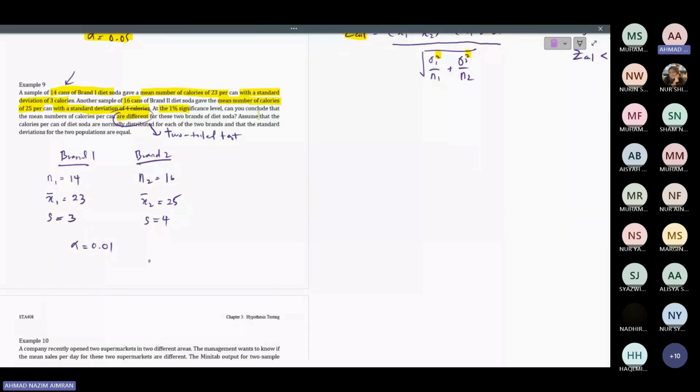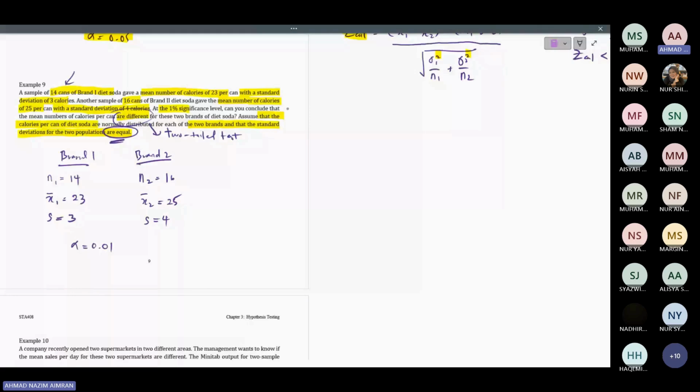Assume that the calories per can of diet soda are normally distributed for the two brands and the standard deviation of the two populations are equal. Okay, are equal. So when equal, you must remember this, in this case, you need to interpret the situation.